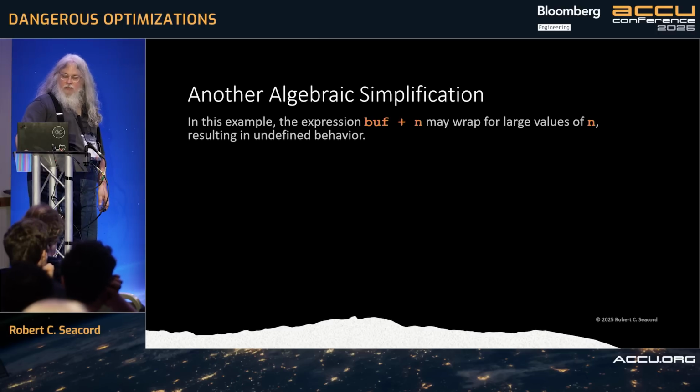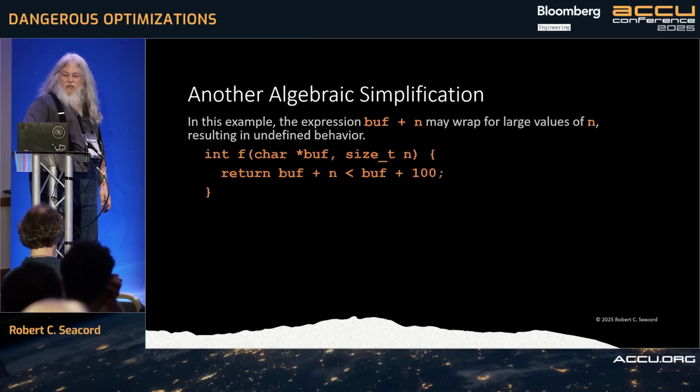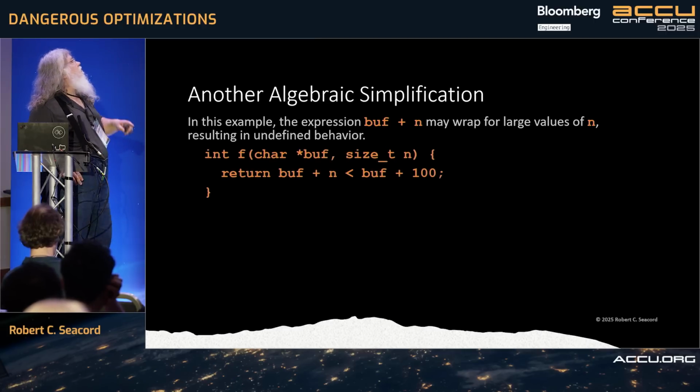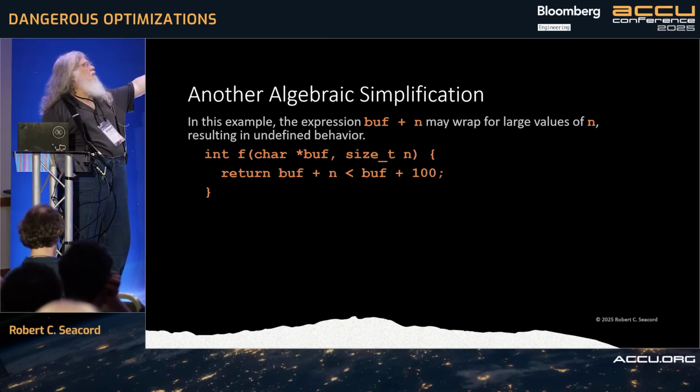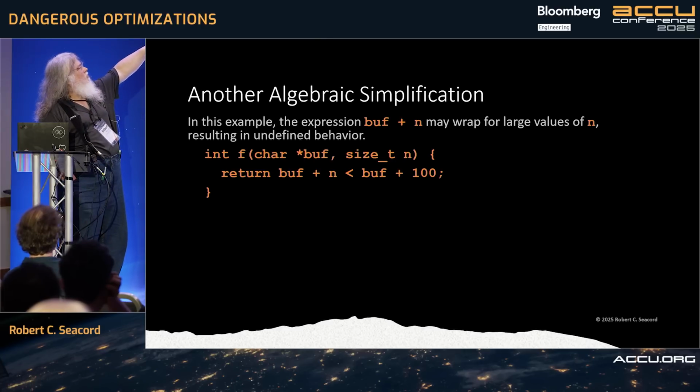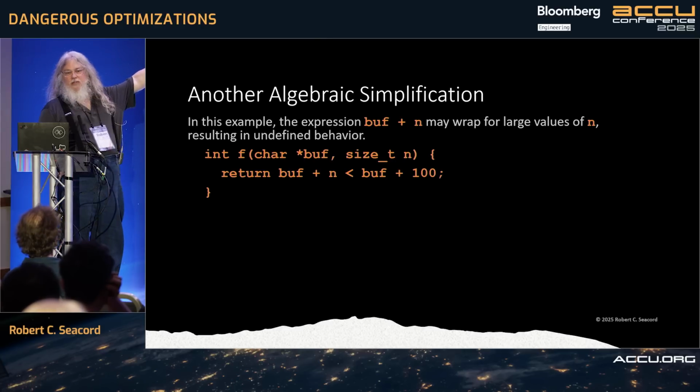So something people on the list told me is, okay, buff plus n may wrap for large values of n, resulting in undefined behavior, as in this example, right? So if either of these wrap around, you'll get a mathematically incorrect result. If they both wrap around, I think you get the right result, or if neither wrap around, then you'll get the right result.